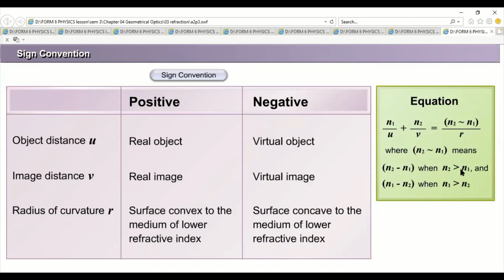If N2 is greater than N1, then we use N2 minus N1. If N1 is greater than N2, we use N1 minus N2. That means N1 over u plus N2 over v equals N2 minus N1 over R, or it can also be N1 over u plus N2 over v equals N1 minus N2 over R.